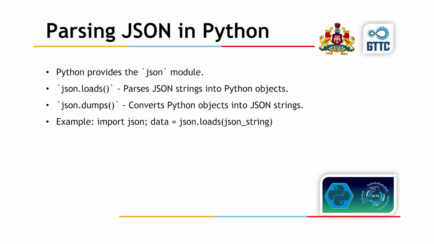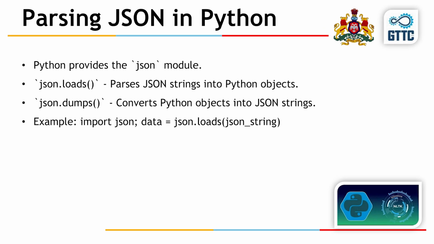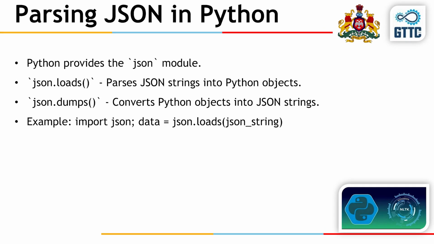As I said, JSON is a lightweight data interchange format. It is easy to read and easy to write for humans as well as machines. So that's why it is most popular. Very often they are used as web APIs to configure files. On the screen you can see some text written in a box.